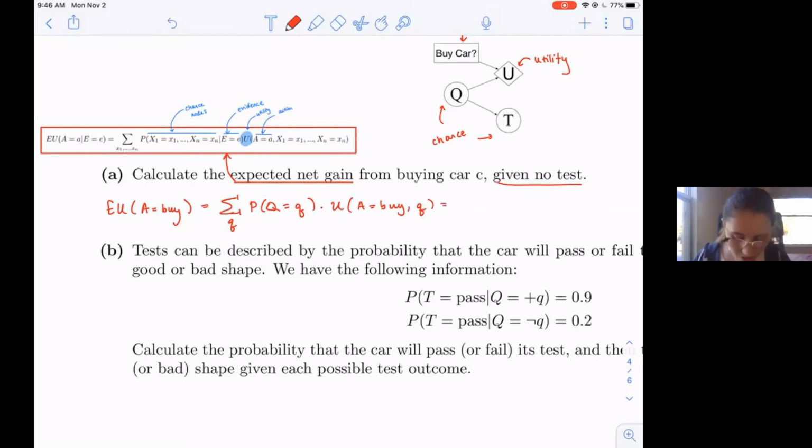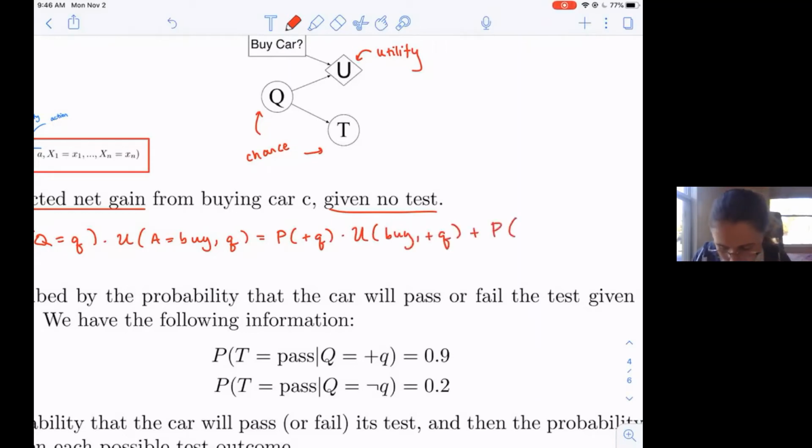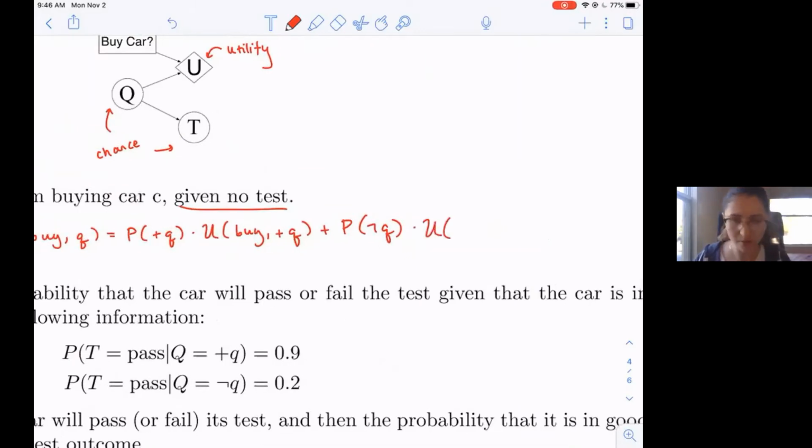So we know that q can take on plus q and not q, which represents good and bad quality. So we can expand this out by writing out P of plus q times the utility of buy and good quality, plus the probability of not q times the utility of buying when it's not in good quality.